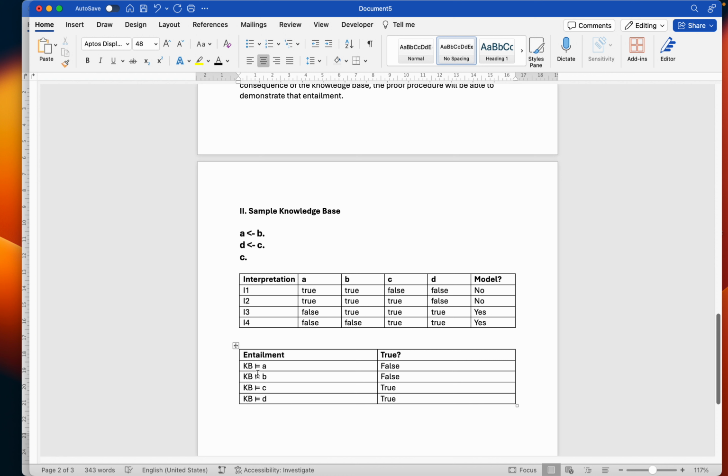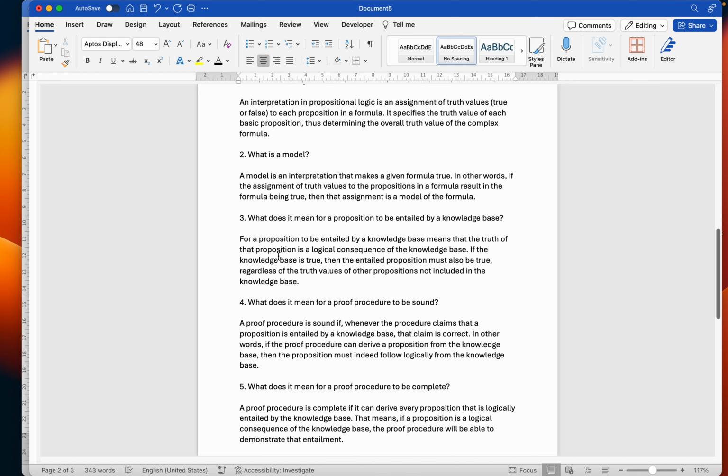This means that in this scenario we are checking whether A is entailed by the knowledge base, and in this specific exercise, after seeing the interpretation table, A is not entailed by the knowledge base, because we have been given no explicit information whether A is true or false. It just doesn't matter.